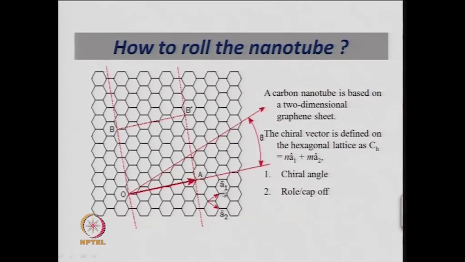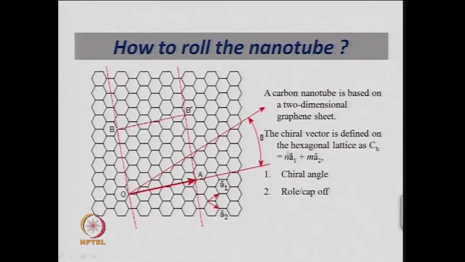If you take a very large a 1 and a very small a 2, that means n is very large and m is very small, you will get one type of rolling. If you take n and m both same, then it will not result in a chiral, it will result in something else. If you take n some number and m you make it 0, then you get another kind of nanotube, again it will not be chiral.